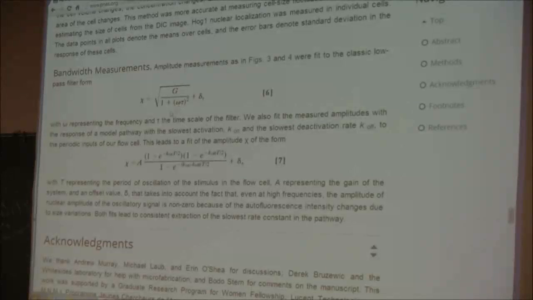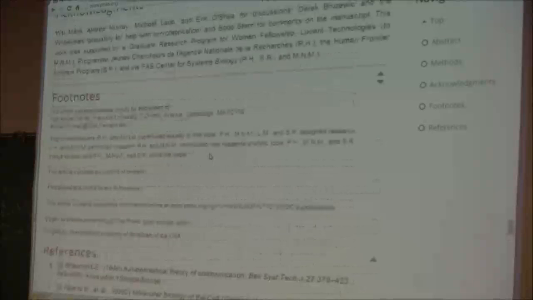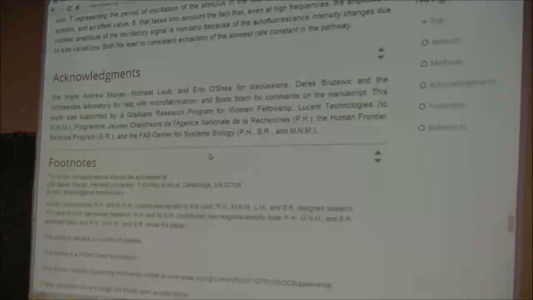So even though their model looks a little more complicated, they write it as an effective one-parameter model. So they're using the same one-parameter fit that we've derived from having a single kinase that's being activated and deactivated. So I think that's all that we have with this paper.